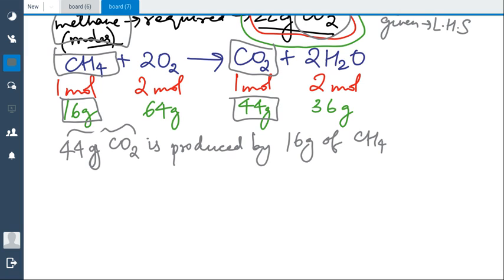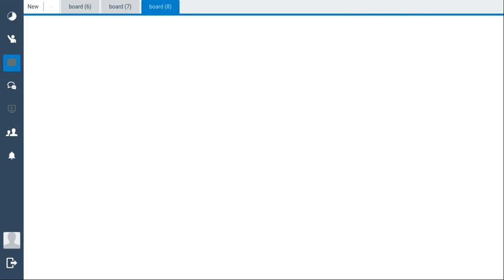Now, you remember the unitary method, right? What is the unitary method? Like if I tell you 2 oranges cost 10 rupees.